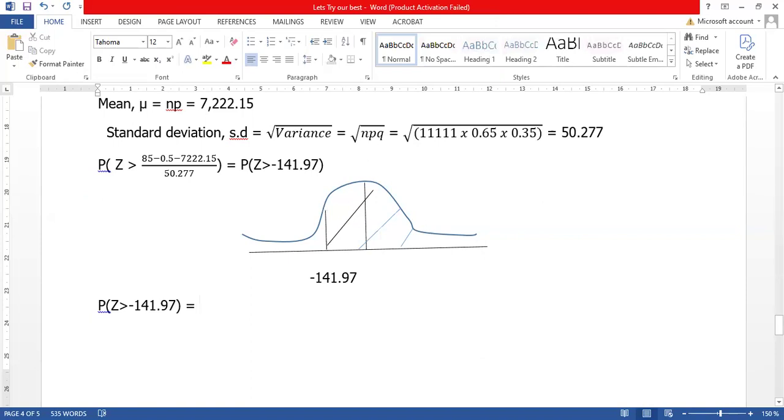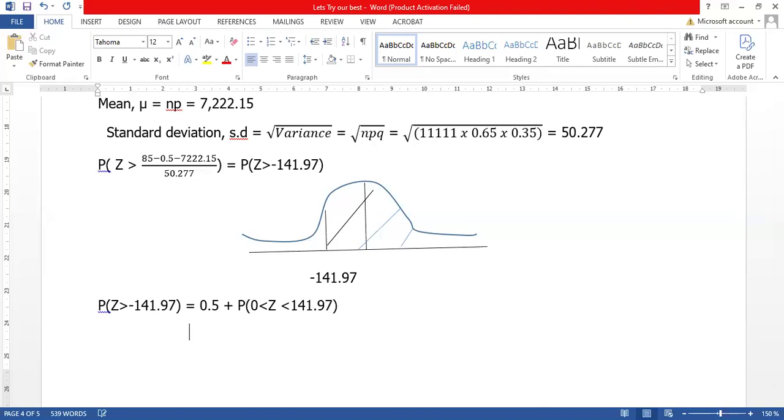So you get 0.5, then add the probability of 0 less than z less than 141.7. Remember, when you're reading, you ignore negatives.